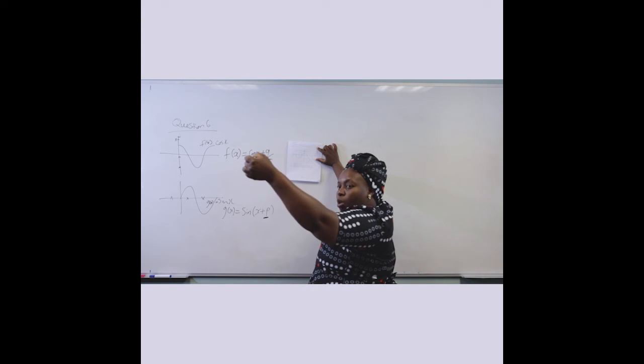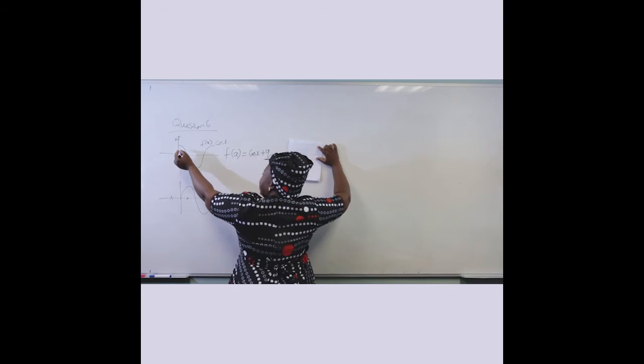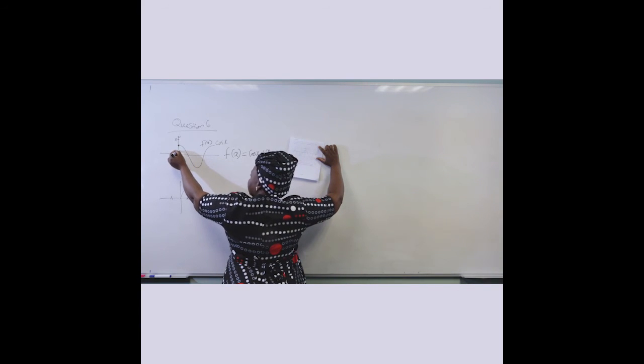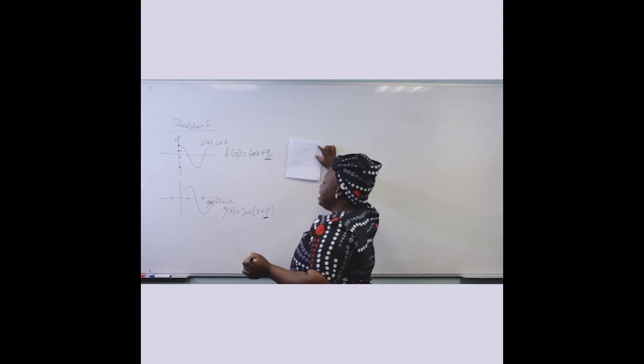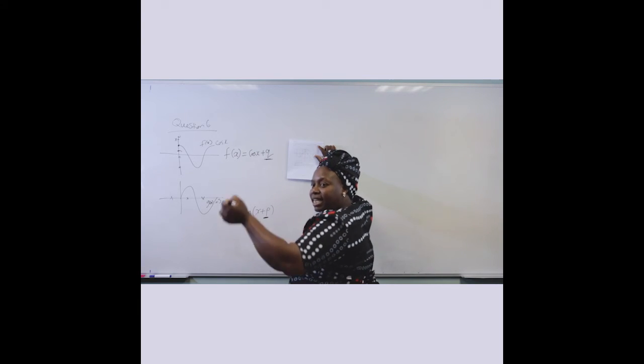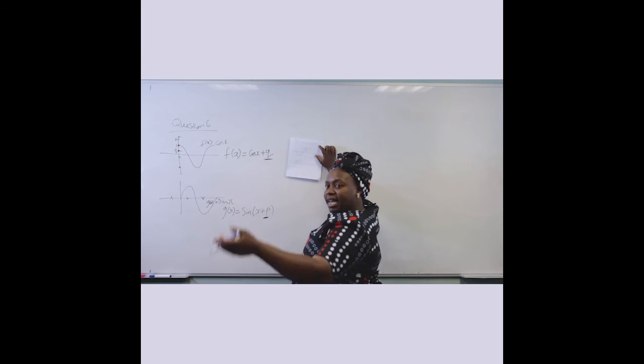If it was supposed to be at 1, it has now gone to 1 divided by 2. So this is my 1. Instead of being here, it is now here. Now my graph is starting there. What that simply means is that my graph has shifted half a unit downwards, because this was 1 and now this is half. Moving from 1 to half, you had moved a negative half.